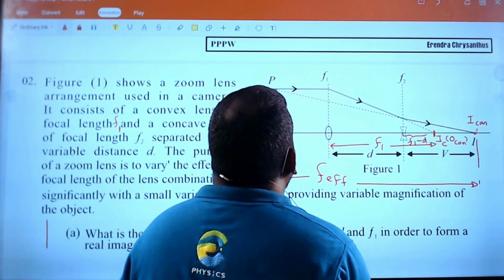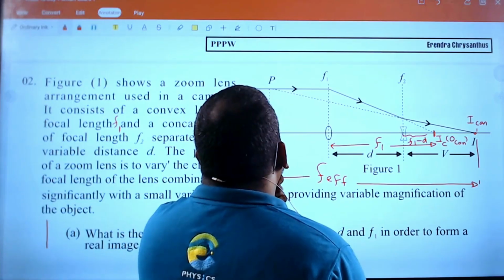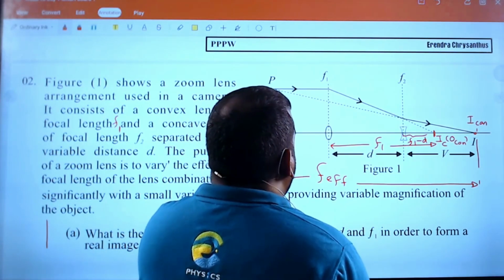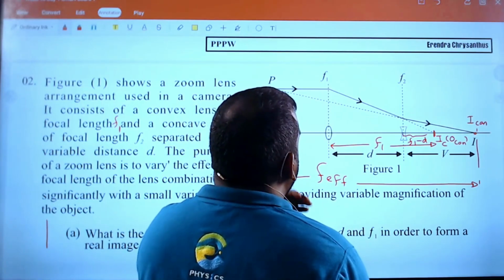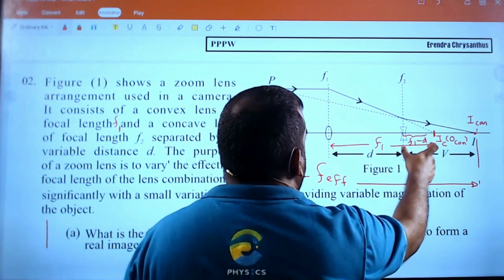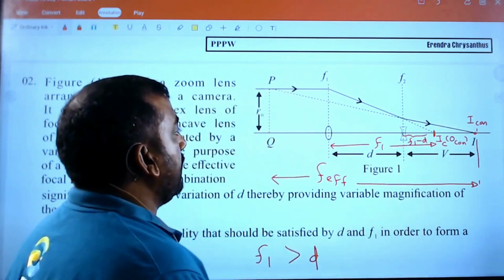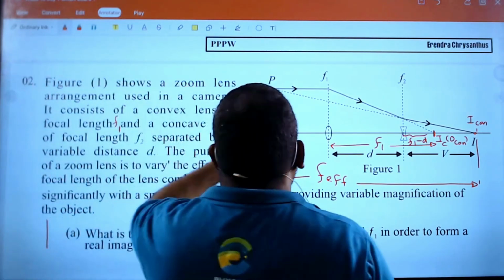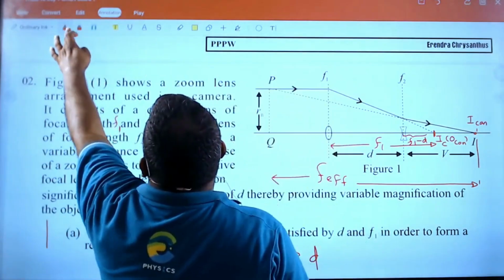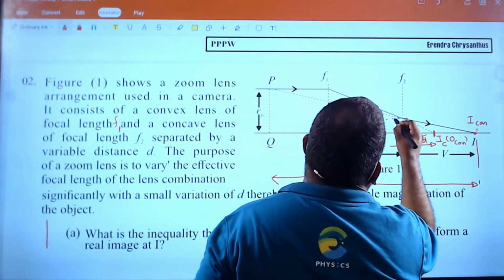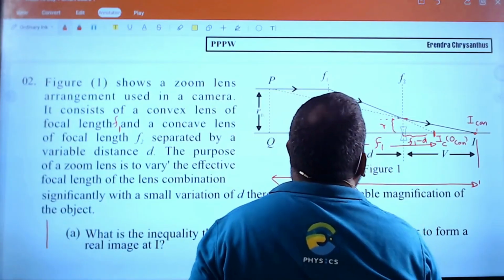So distance from here, effective focal length is D plus V. Now you don't know this distance, so you must find it. So here they are giving you this distance is R.